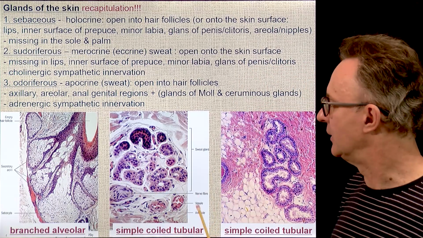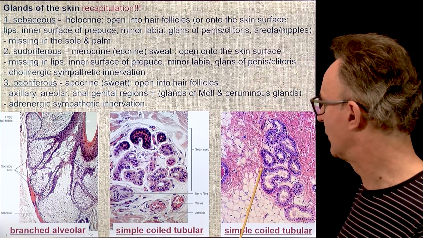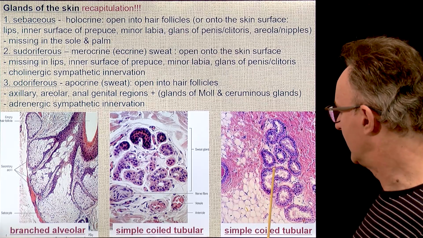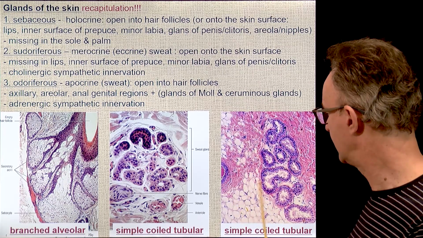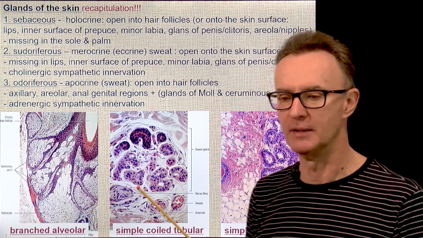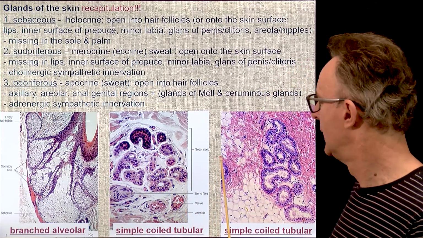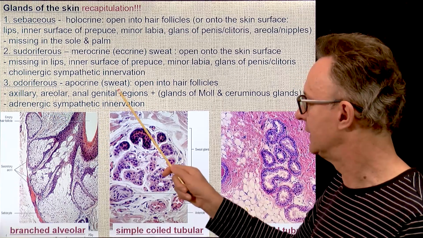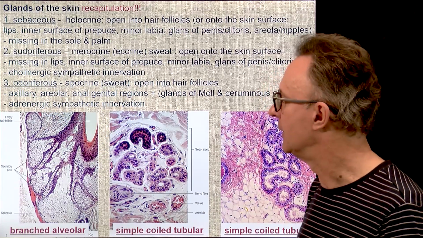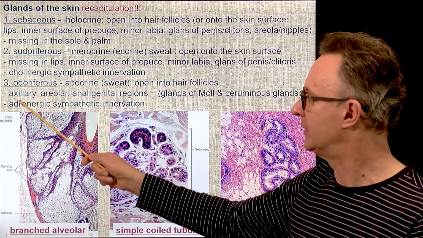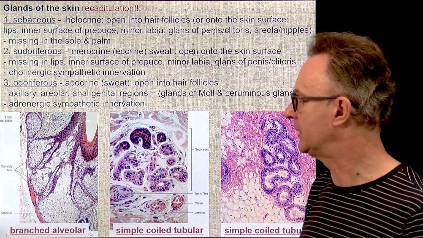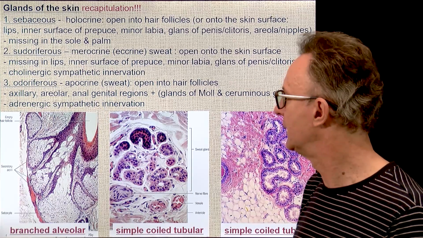The third, the odoriferous gland with apocrine secretion. Typically we have large lumen and irregular surface because the cells are not in the same phase. And AAA is the typical area or areas where these glands are located: axillary, areolar, anal region, plus the genital regions as well.